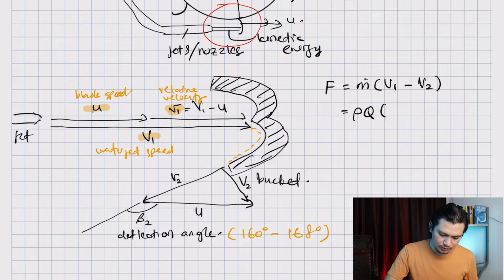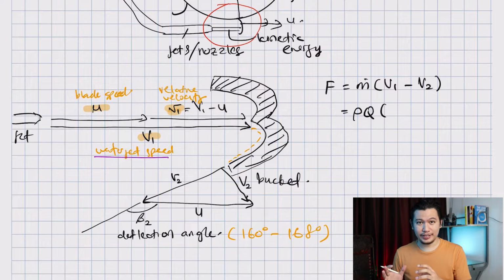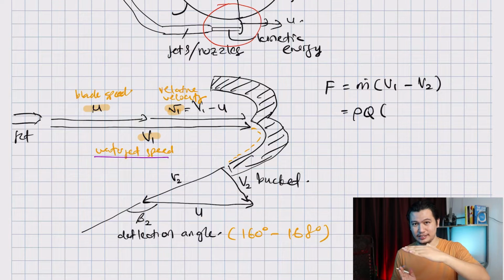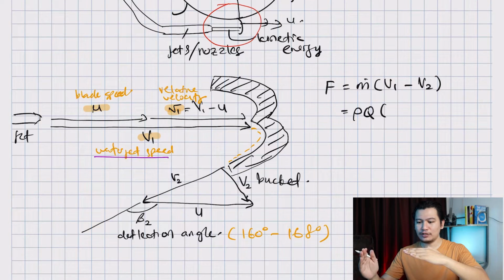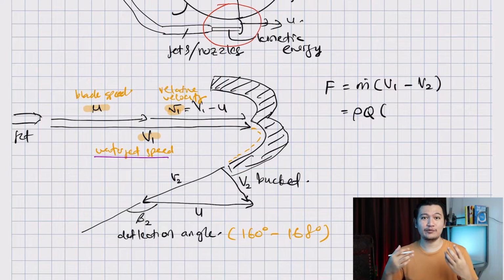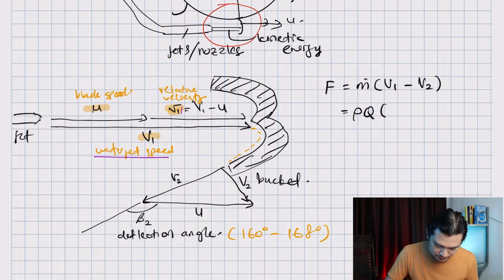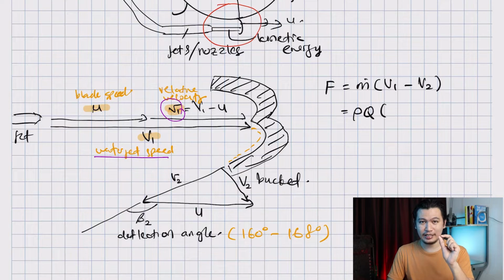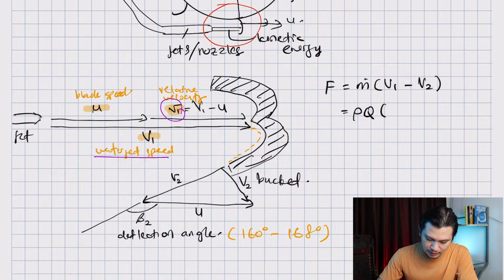Even though our jet velocity is capital V1, the bucket is moving away from the jet, so the bucket will not feel this velocity, but this velocity minus the velocity at which it is moving. So the velocity that the bucket feels is the relative velocity, and that is very important. So I'm going to replace this with small v1 minus small v2.